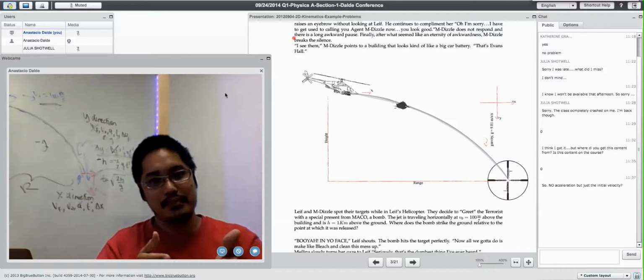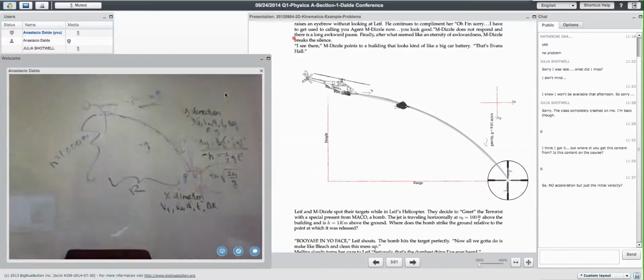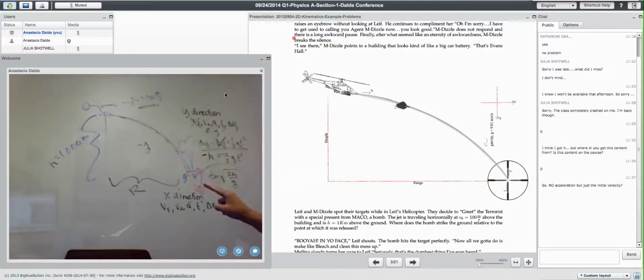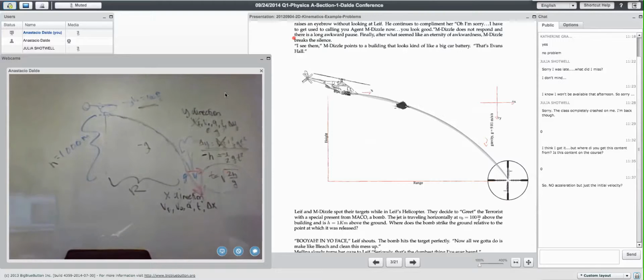Does that make sense? Yeah, that makes sense. Now I had to stop you from saying, "Oh, isn't it so?" What you're saying is, is the velocity the same here as it is here? And the answer is no, because the velocity here is this arrow right here, the diagonal one.